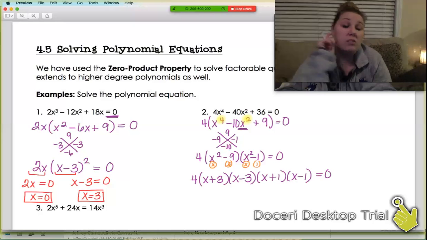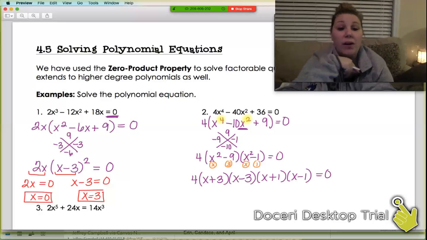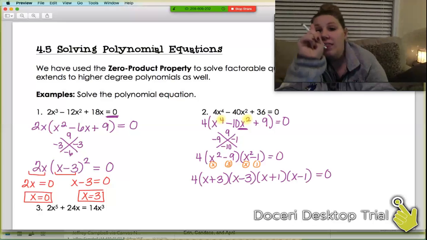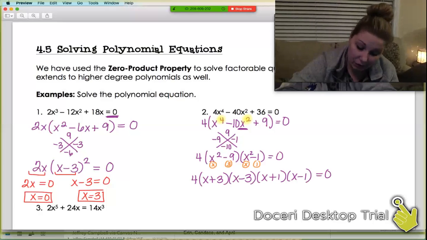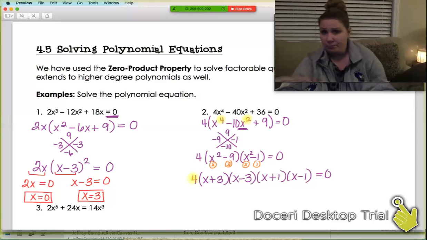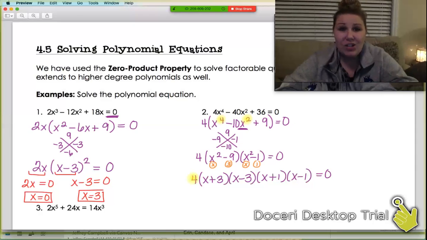So now when we solve, just a minute ago, I said you get a solution from every factor that contains a variable. So you'll notice that this first one here, the 4, doesn't have an x on it, so we won't get a solution there, because when does 4 equal 0? It doesn't. It equals 4. So you won't get a solution there.